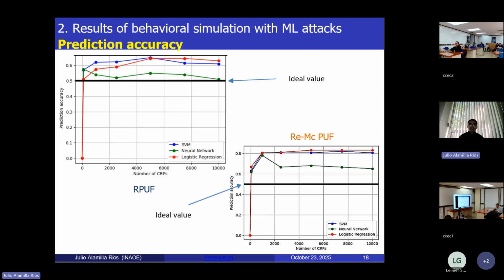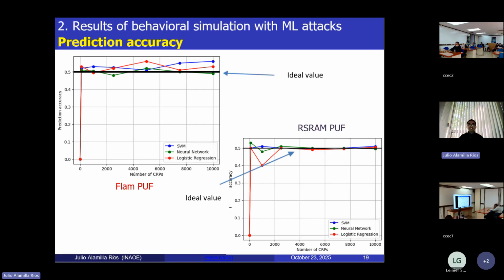The results show that the PUFs with simple obfuscation techniques or few randomization stages are more vulnerable to modeling, such as RPUF and REMC PUF. In contrast, designs with stronger obfuscation, such as the FLAM PUF and the RSRAM PUF, exhibit higher resistance, reducing the predictive capability of machine learning algorithms.